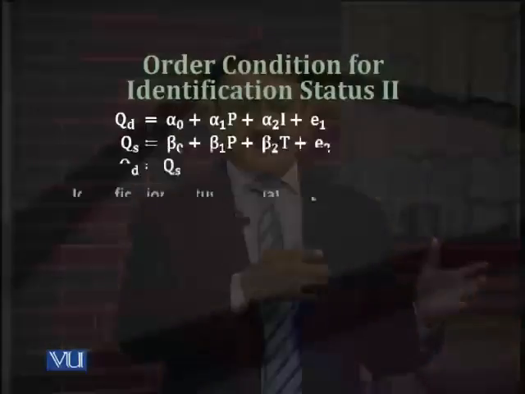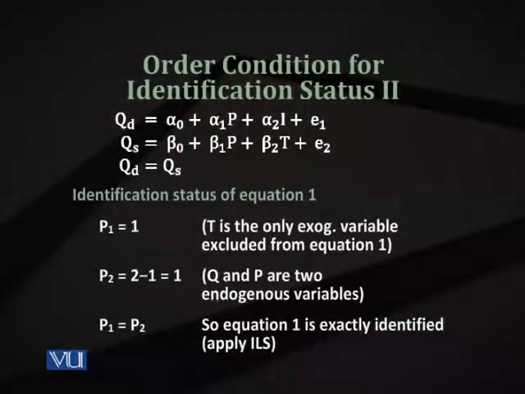So remember, whatever example you do, if you are confined to one single model, the parameter P2 will remain the same and the value of parameter P1 will change. So compare P1 and P2, remember the criterion, and state the identification status of the model. In case of this demand and supply model, both the demand and supply equations are exactly identified.